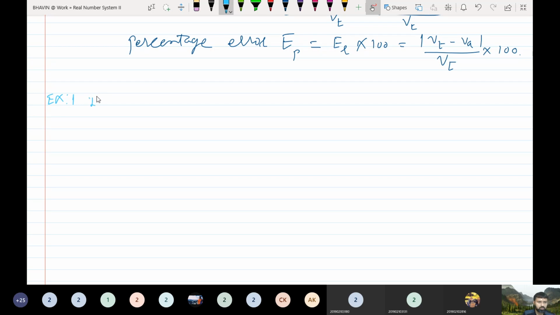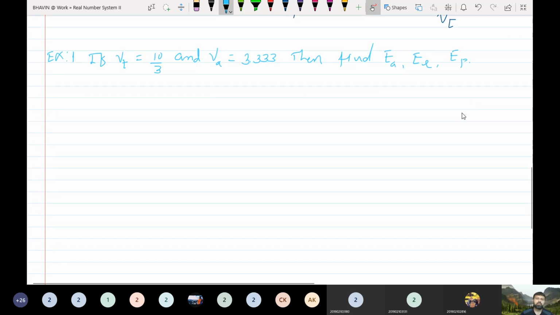If Vt equal to 10 by 3 and Va is equal to 3.333, then find EA, ER and EP. So now you can understand that EA means absolute error, ER means relative error, and EP means percentage error. So for these values, we need to find out all of these three.